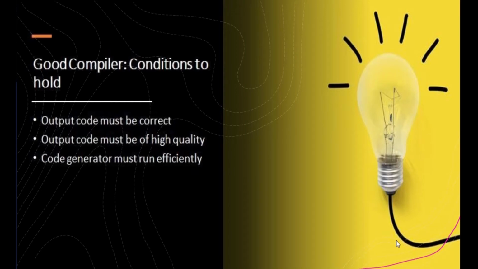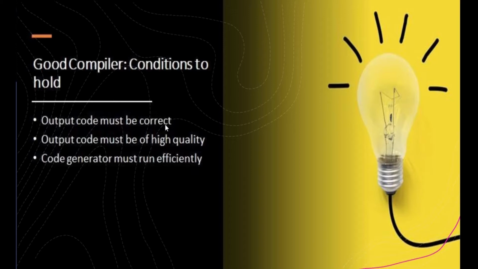And let us see what a good compiler should be. What are the conditions a good compiler should hold? First, the output code must be correct, that is the meaning of the source and the target program must remain the same. The meaning should not change. That is, given an input, we should get the same output both from the target and from the source program. We have no definite way to ensure this condition always.